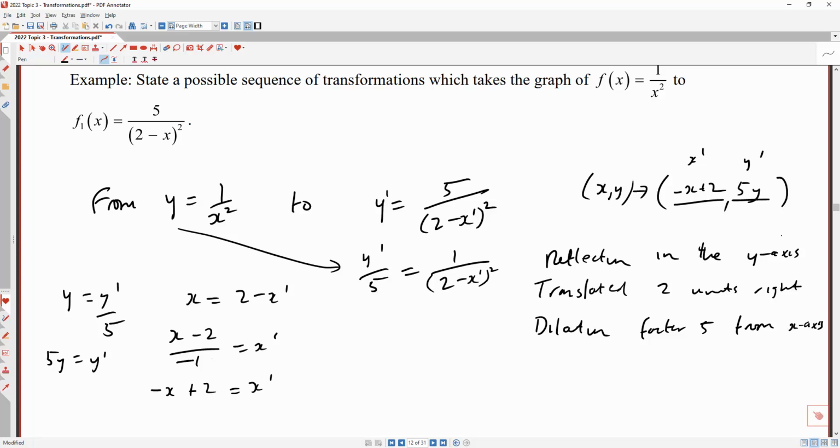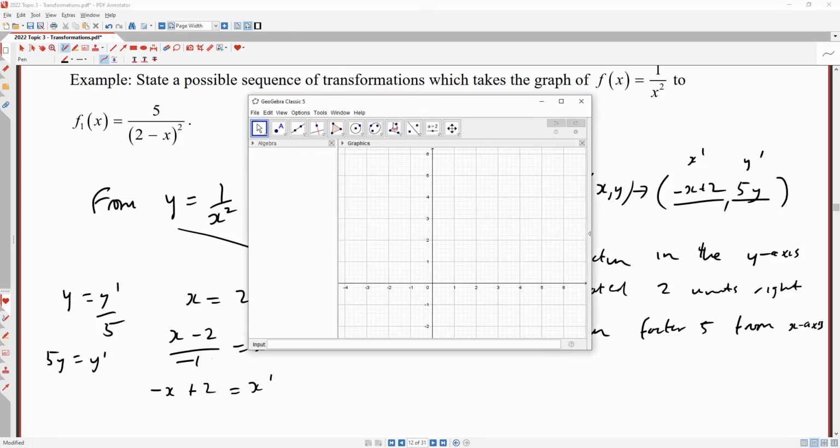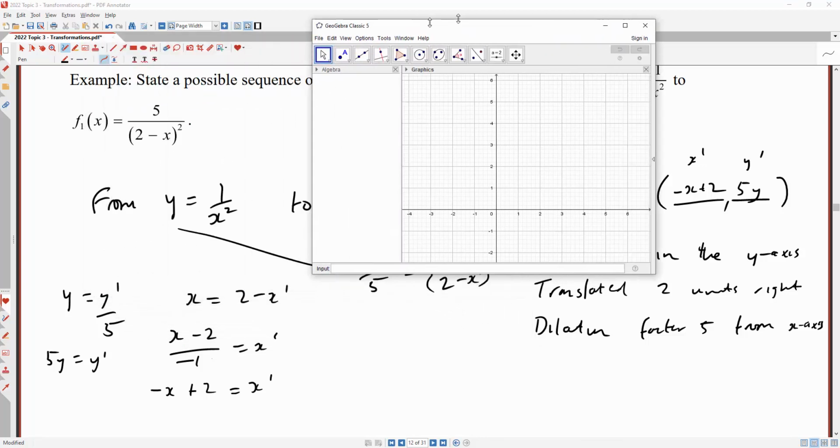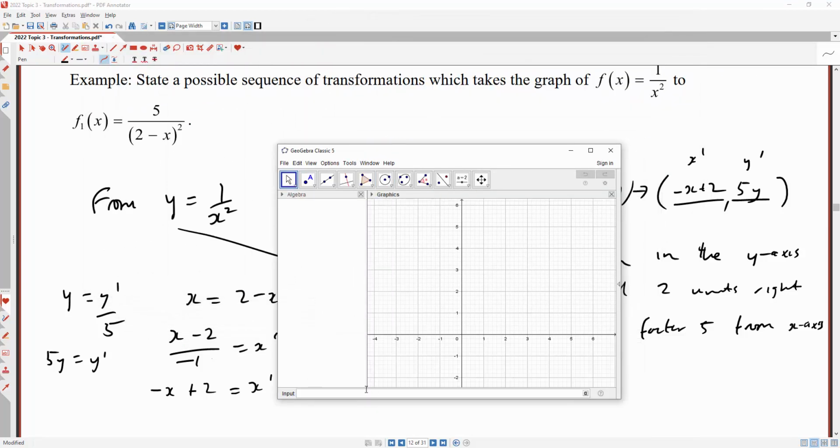Alright, so now let's see how we would try this out. I'm going to open up GeoGebra here, and I'll show you how you can test your transformations with GeoGebra and check it out. So the first thing I'm going to do is write f of x equals 1 over x squared. Now I'm going to write this function here.